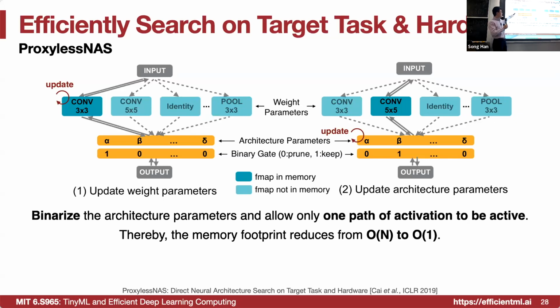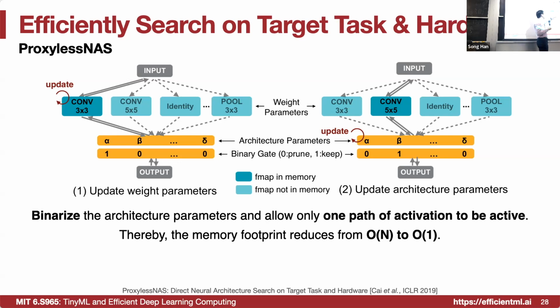So at training time, we want to binarize these architectural parameters from non-binary to the binary format. Okay. And we only allow one path of architecture to be active. In this case, for example, alpha is the largest, we only have the first path to be active.